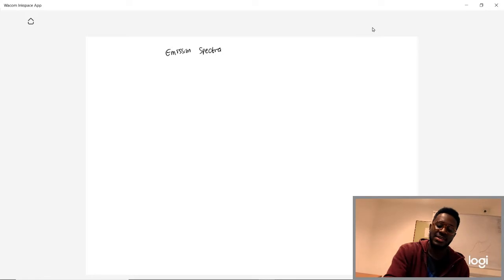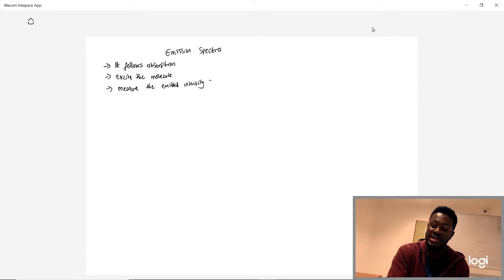Exactly, excitation, so it follows absorption. That's very important. You have to excite the molecule, and then measure the emitted intensity at each wavelength. That's what I mean here.